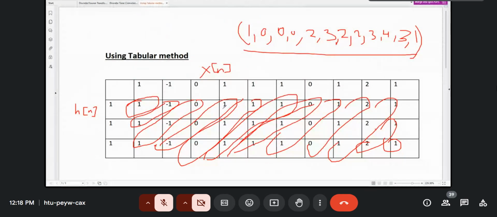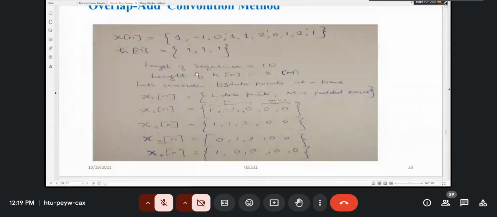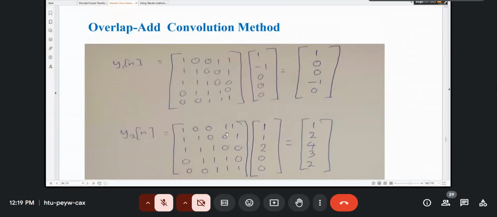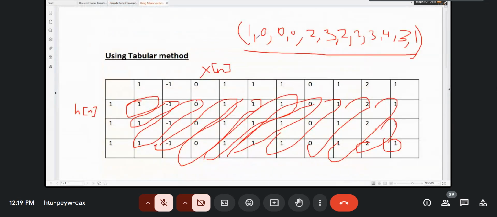I'm trying to remember from here. My memory is short. Okay, 1, minus 1, 0, 1, 1, 2, 0, 1, 2, 1. This was the problem.